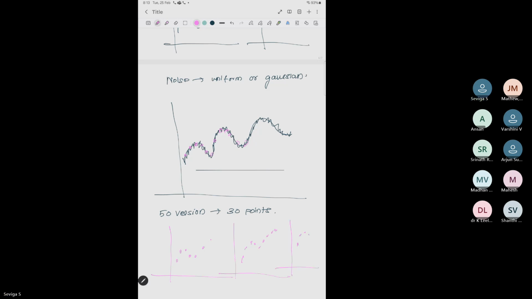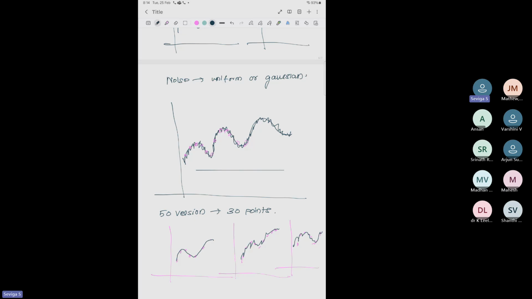Like this, we create 50 samples, 50 curves.